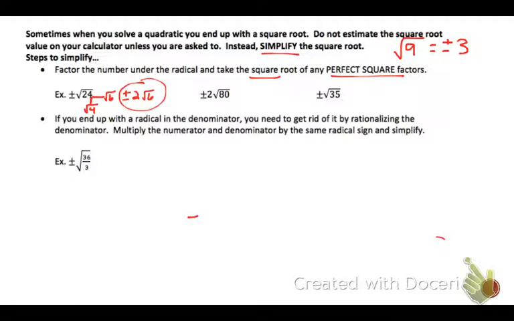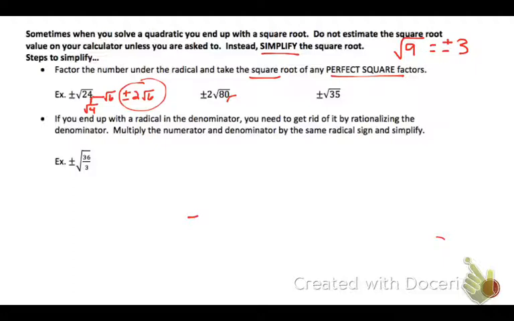Now on our next one, let's say we're solving a quadratic and we end up with plus or minus 2 times the square root of 80. So 80 is not a perfect square, but it's got some factors that are. So we can think 1 and 80, 2 and 40. Neither of those are perfect squares. 3 doesn't go into 80. 4 and 20, but I'm going to keep going.